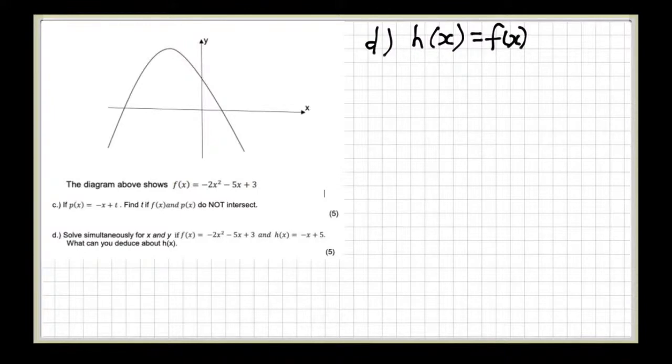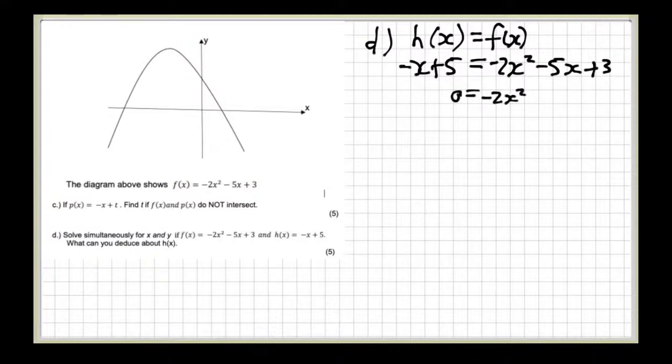So h of x is equal to negative x plus 5, and f of x is equal to negative 2x squared minus 5x plus 3. Now let's just solve this. I'm going to get everything equal to 0. So in other words, negative 2x squared minus 4x, because I take the negative x over, and I do the same with the 5. I take it over and it becomes negative 2.